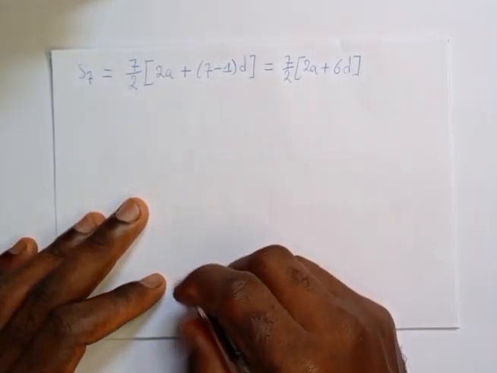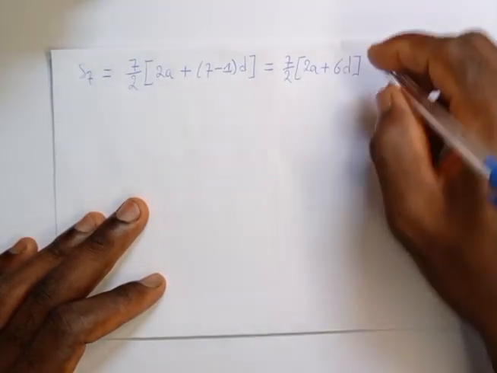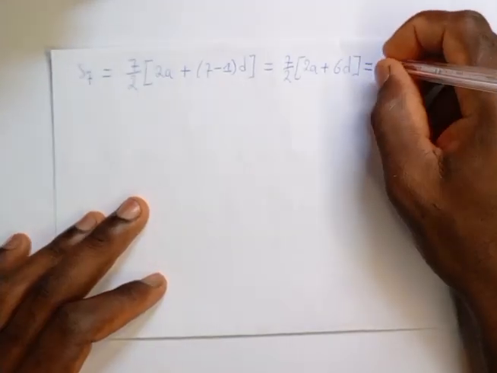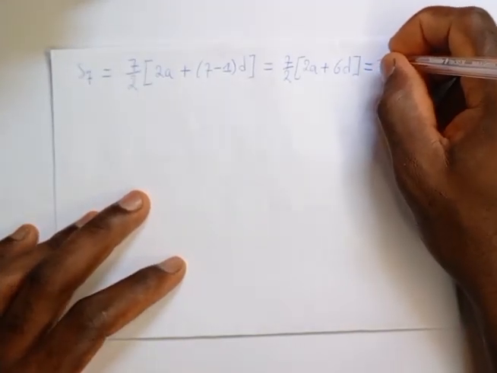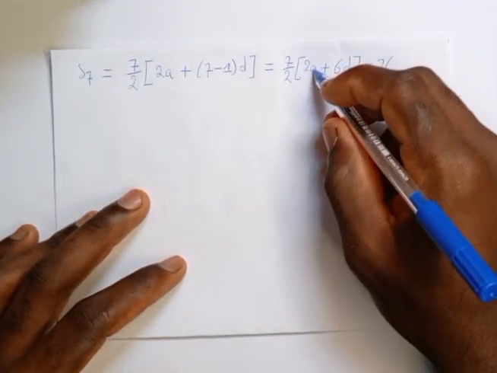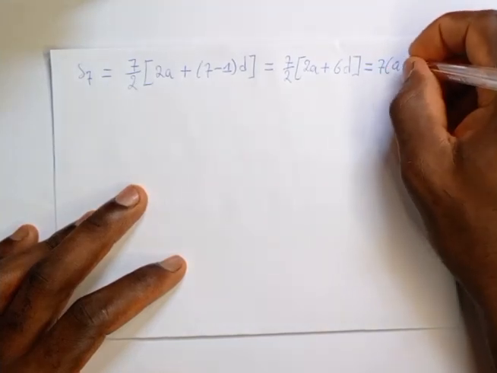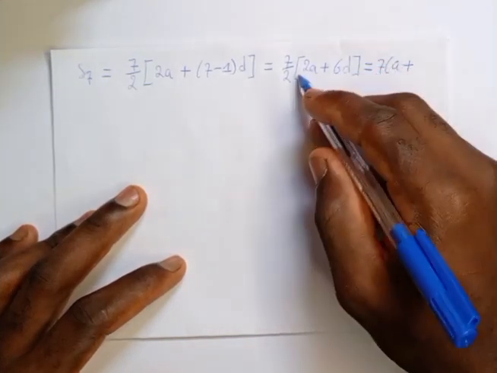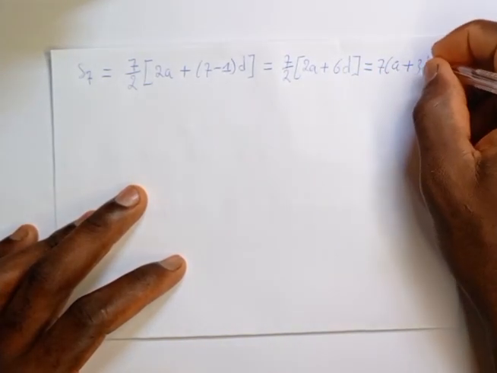Multiplying all through by a half, this will be equal to 7 times 2a times a half gives us a, plus 6d times a half gives us 3d.